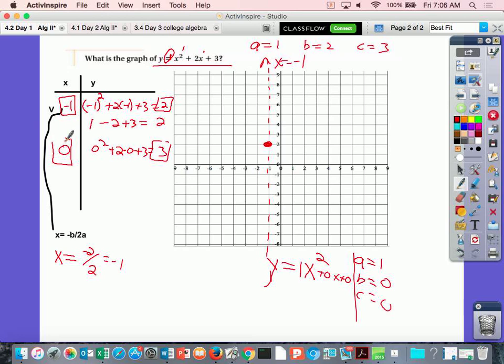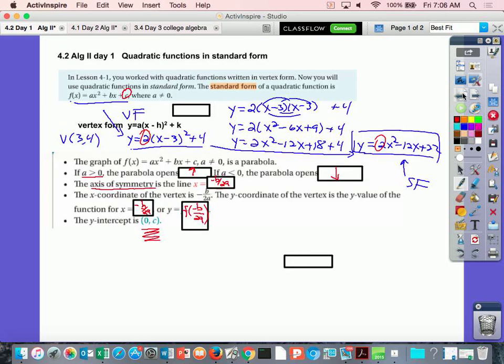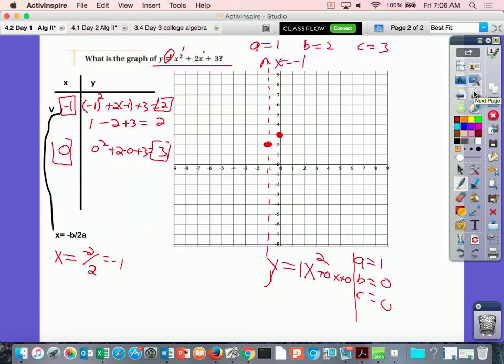And so it is opening upwards, because this is the vertex that's opening upwards. This explains what we were talking about with the y-intercept. The y-intercept is always that c value. And so c was 3, so (0, 3). Wouldn't even need to do this.